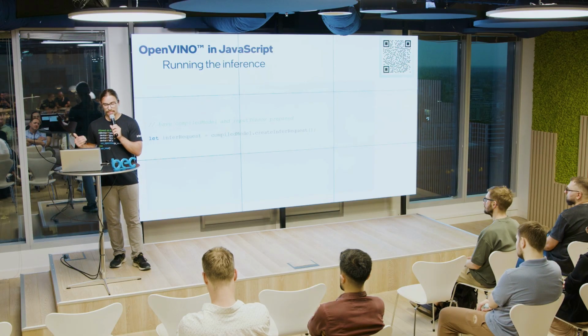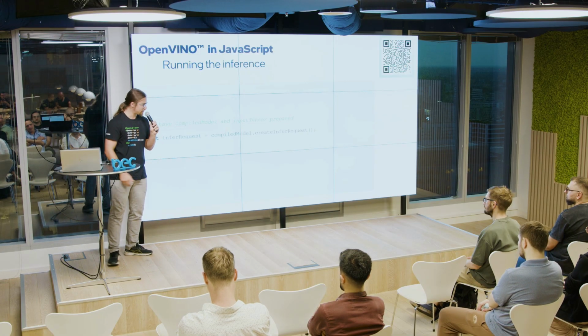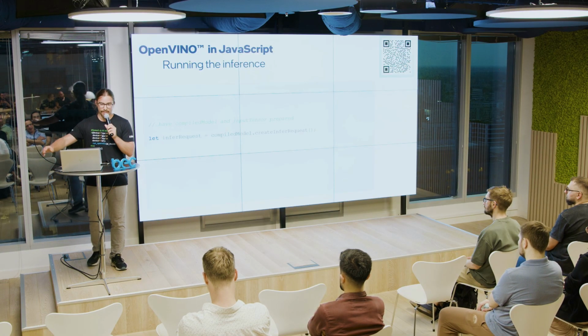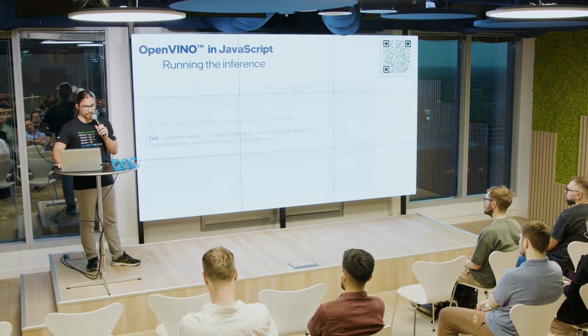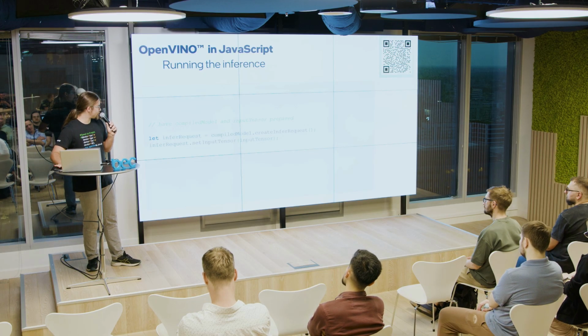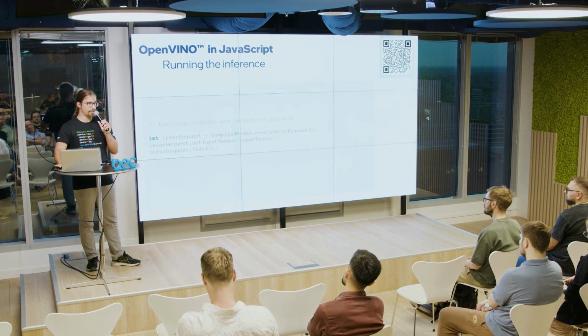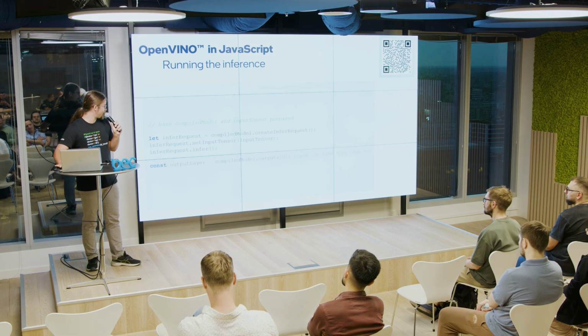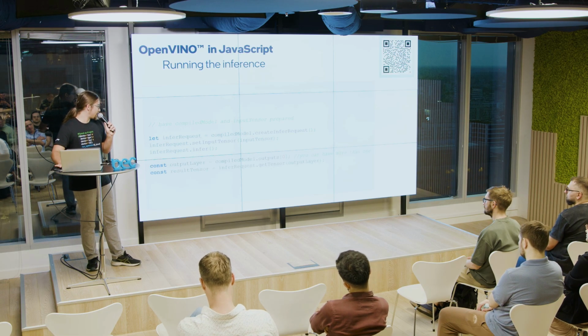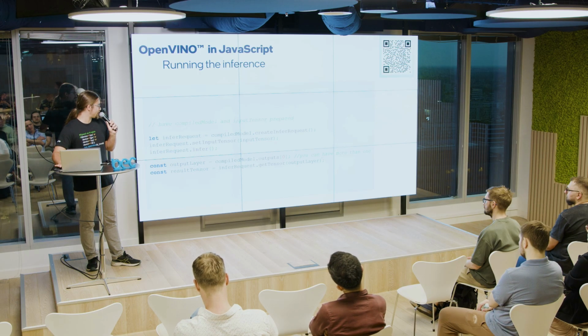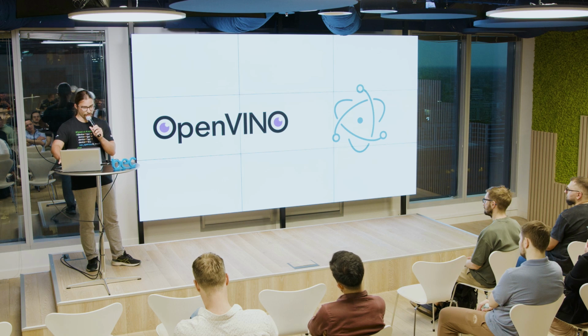This is in C++. Also, we define infer request. And in JavaScript, we define infer request. And later, we set input tensor, and we run inference by this simple command. And as I mentioned before, we just find the result tensor, and this is our result.